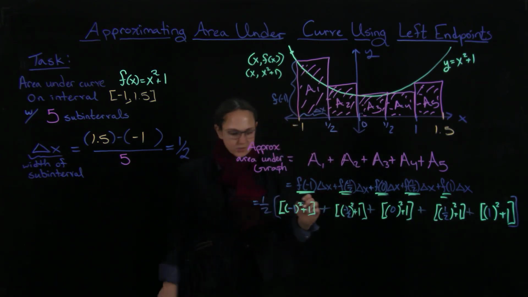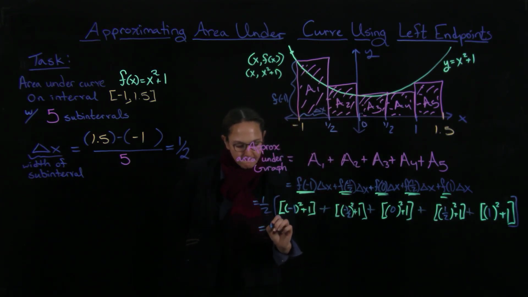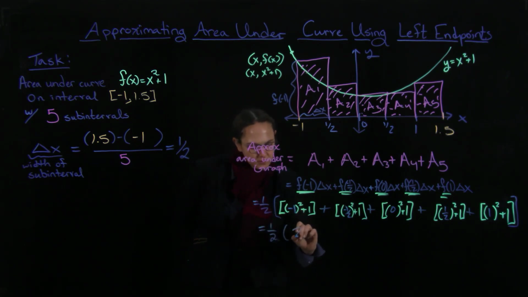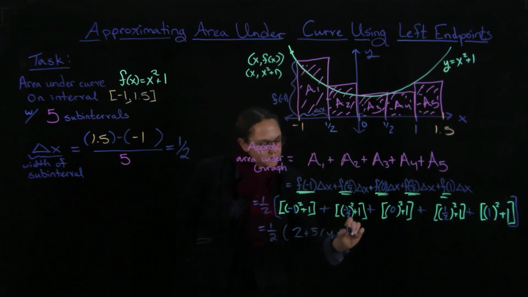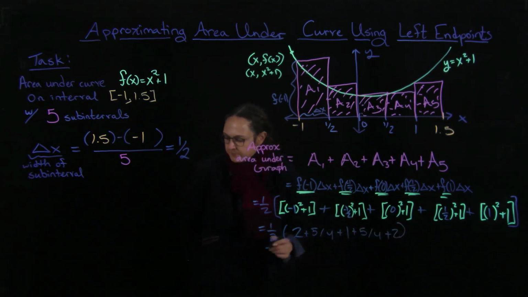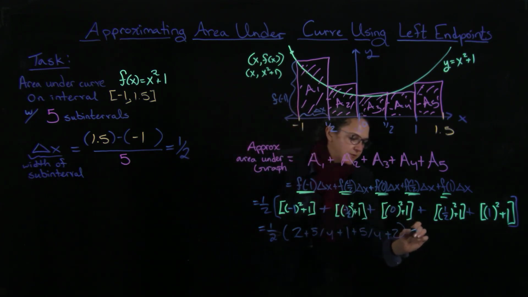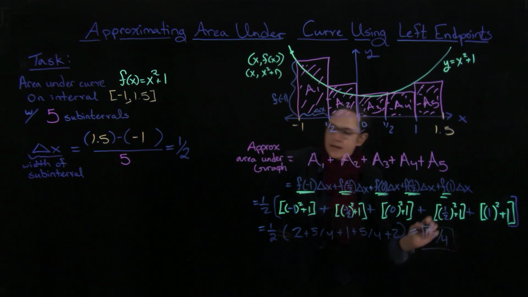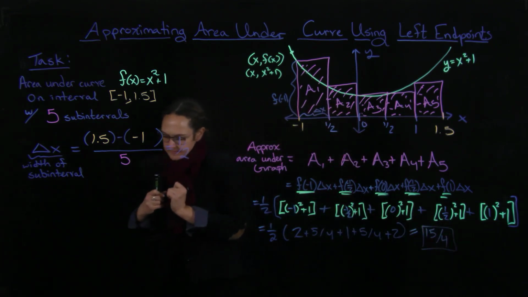And then at this stage, I can get 1/2 times 2 plus 5/4 plus 1 plus 5/4 plus 2, and that's going to equal 15/4. And then we have a name for this.